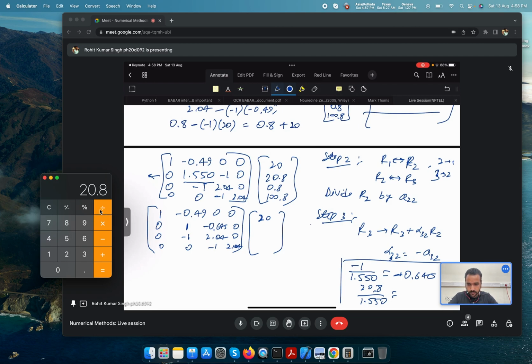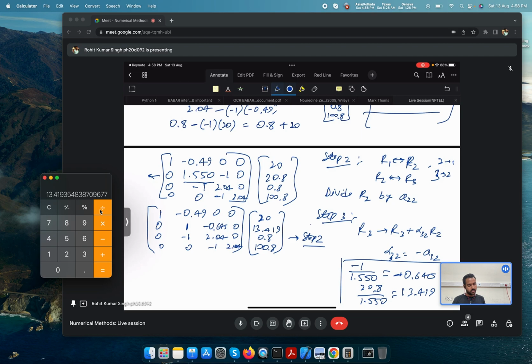It will be just 13.419. So it is 13.419, and you have the same values as before. Okay, so this is after step 2.